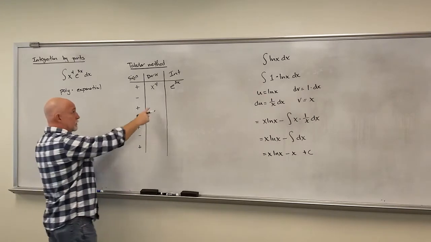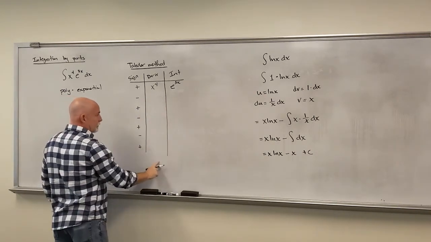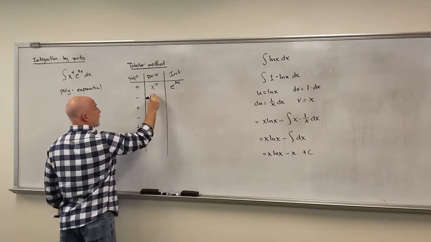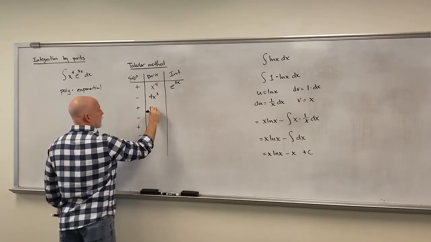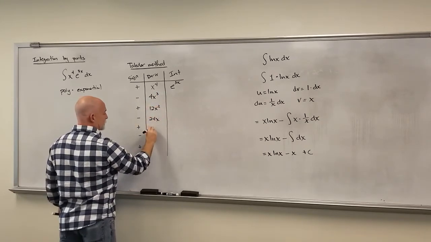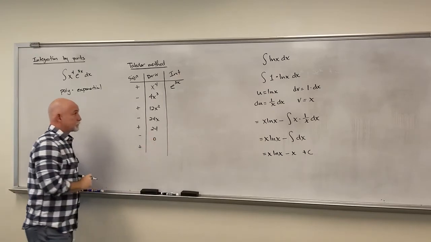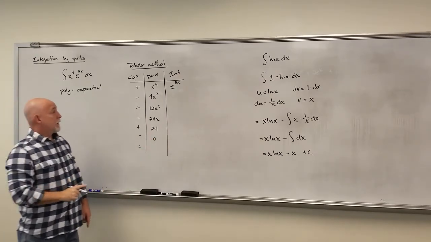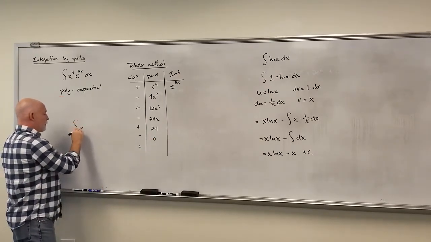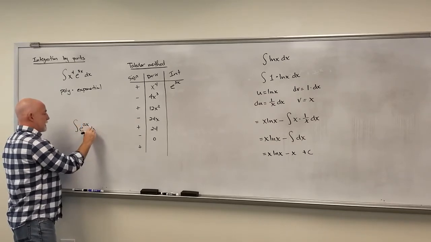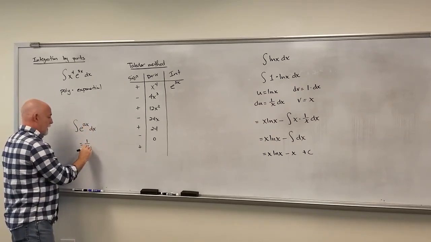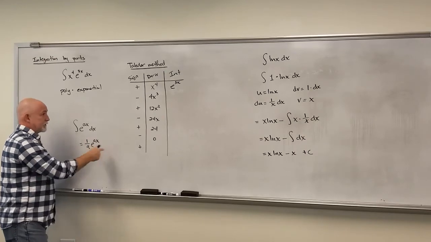Now, do the derivative column first. Take derivatives till you get down to 0. So that's 4x to the 3rd, 12x squared, 24x, 24, and 0. The integrate column, remember our rule, if we integrate e to the ax dx, that's 1 over a e to the ax, plus c of course.